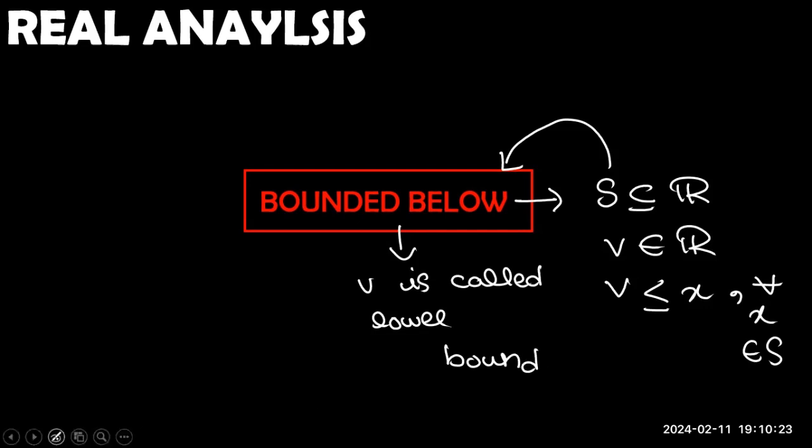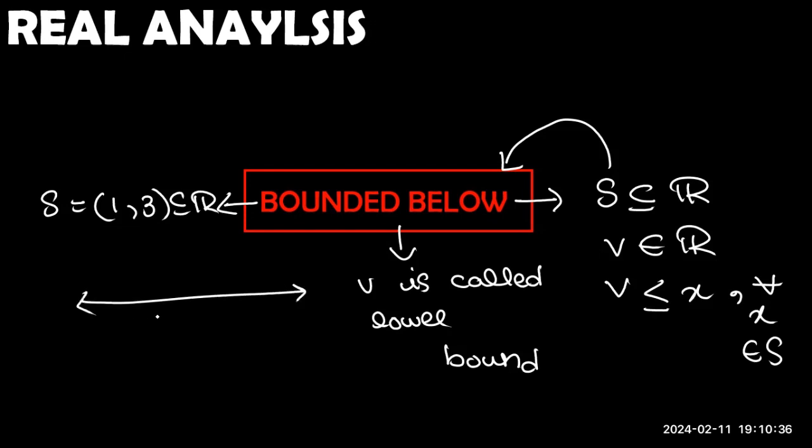For example, take the same example here. We have S equal to the open interval (1, 3), a subset of real numbers. We have 1 here, 3 here, and between them, let's say 2.